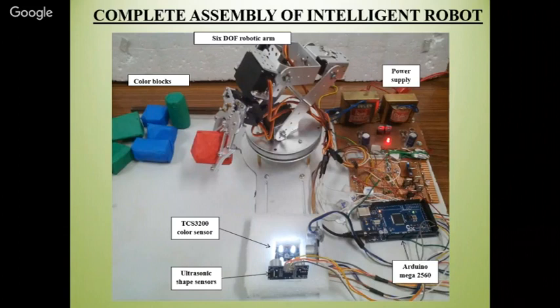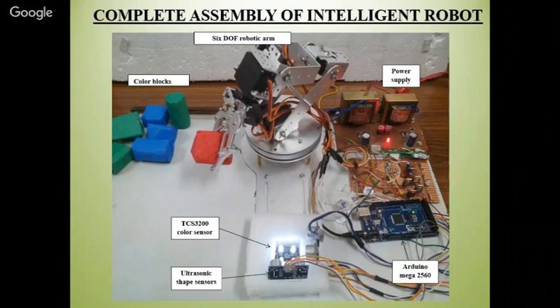Okay, and Arduino Mega is used. Okay, you can see this one is the Arduino Mega, and this one is the power supply. The power supply was also a big issue for this project, because there are 6 servo motors. They draw more current and more power. So I have made the power supply differently.